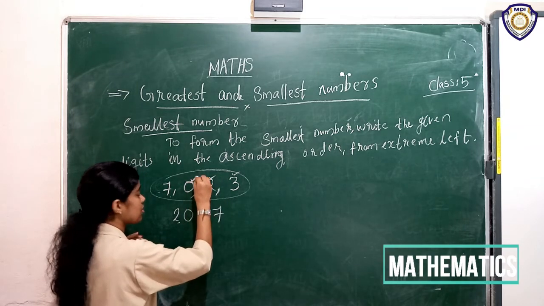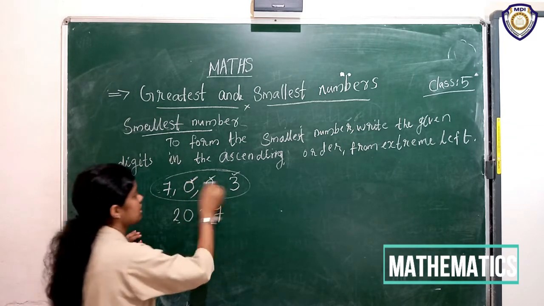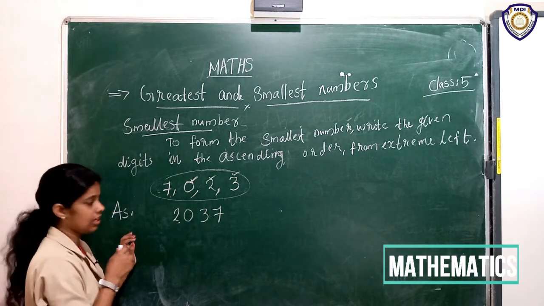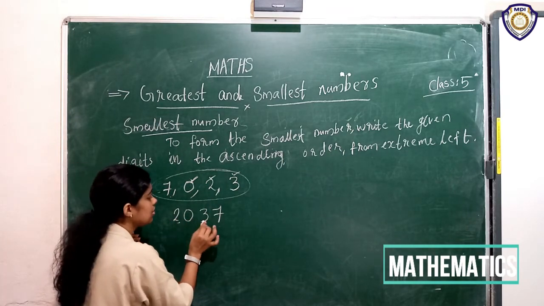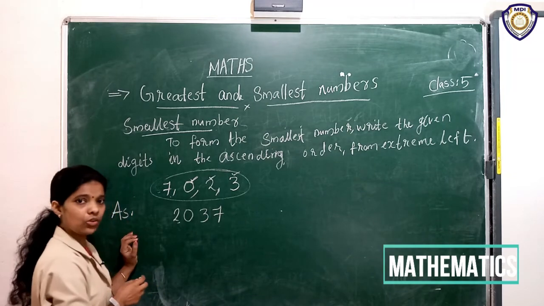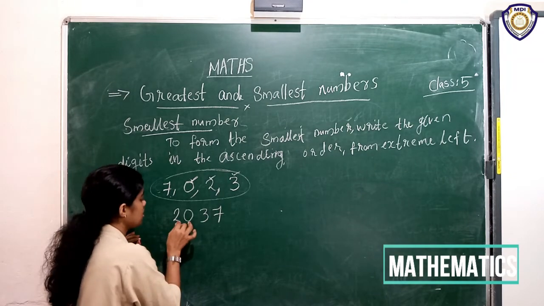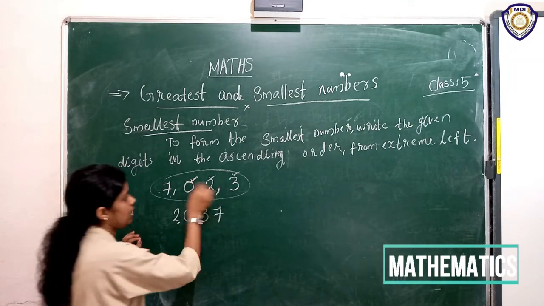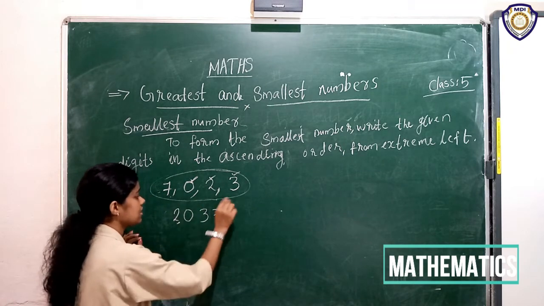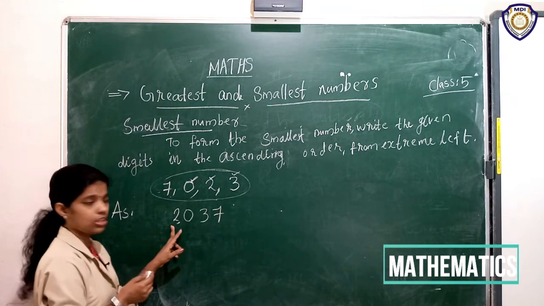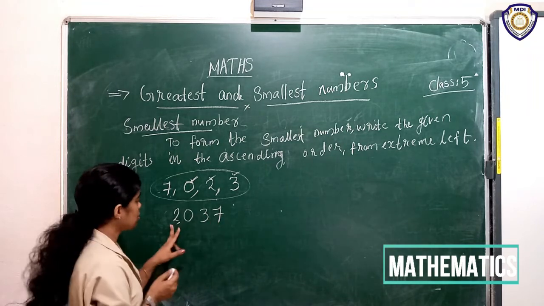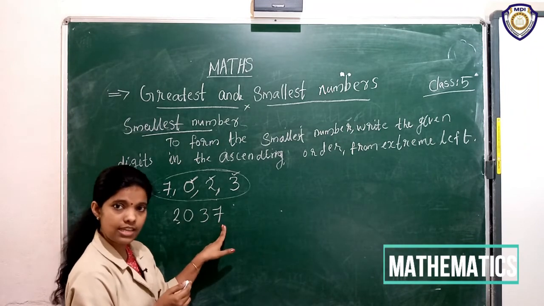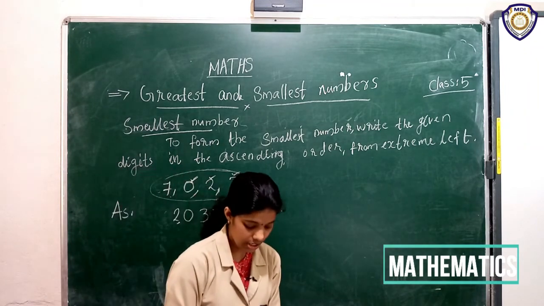Then 0 is the smallest, but don't write 0 first. So 2, 0, 3 and 7. We get the answer 2037. 2037 is the answer.